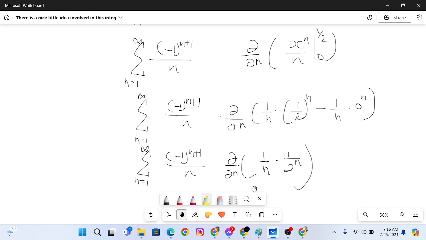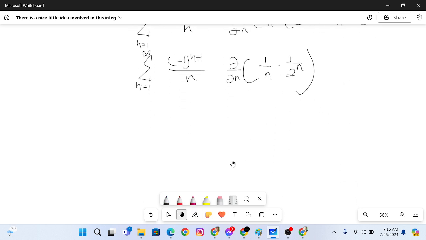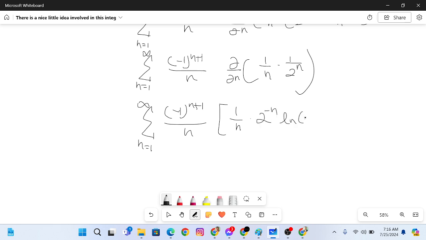Okay, now we can differentiate this, and you see that it's a product, so just use the product rule, uv' plus vu'. If we use the product rule, we get the following expression. We get 1/n, and then 2^(-n) times ln 2, and using the chain rule we also have a minus 1 over here. Next, in plus, we differentiate 1/n, which is -1/n², and (1/2)^n as it is.